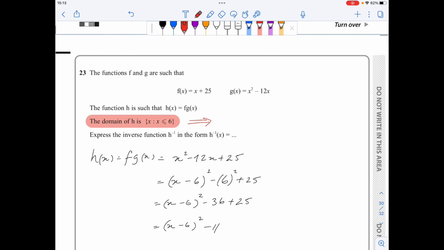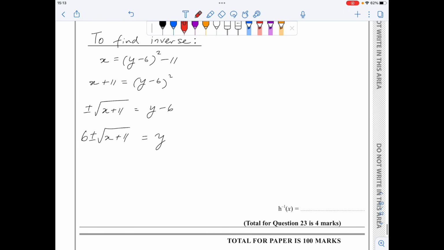This means that the range of inverse h is all the y values such that y is less than or equal to 6. So for my inverse to be valid, I need all the y values less than or equal to 6. Hence, I will take the minus to make sure that all y's are less than or equal to 6. So the inverse of h is 6 minus the square root of x plus 11.